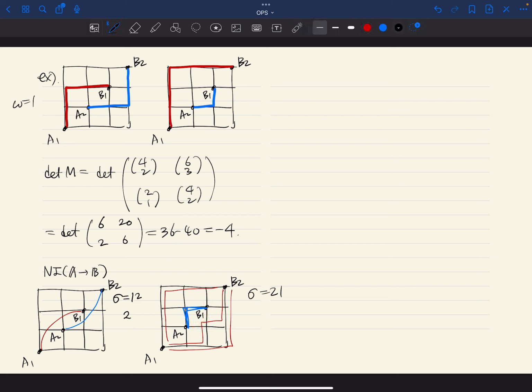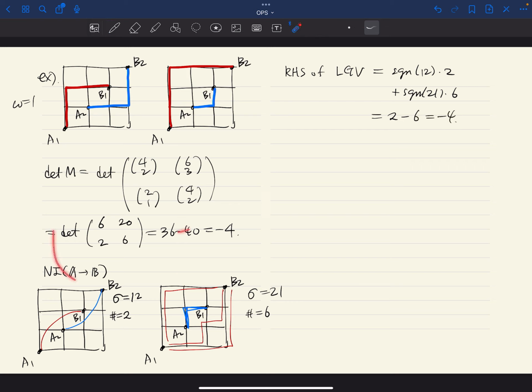So in this case, the number of paths is 6. So the right-hand side of the Lindstrom-Gessel-Viennot lemma is the sign of 1, 2 times the number of paths 2, minus the sign of 2, 1 times the number of paths 6. That is 2 minus 6, which is minus 4. So it's the same as the computation.